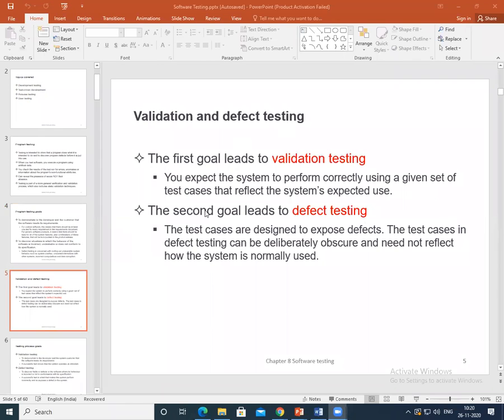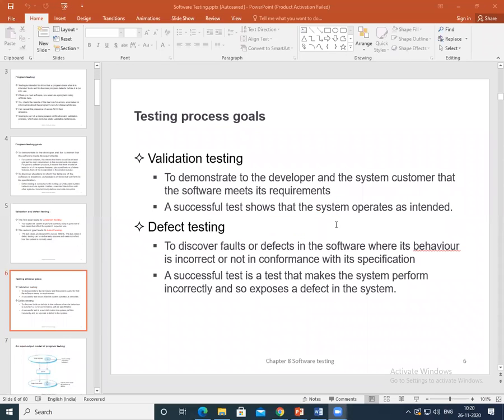The first goal, to identify the test cases with respect to the individual requirement minimally, is done with validation testing, and the second is achieved through defect testing. So we have testing process goals. Validation testing is to demonstrate to the developer and the customer that the software meets its requirement.